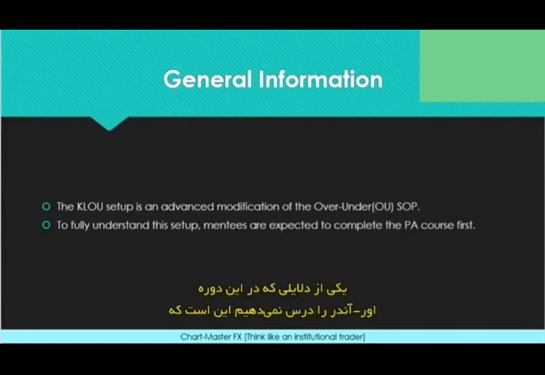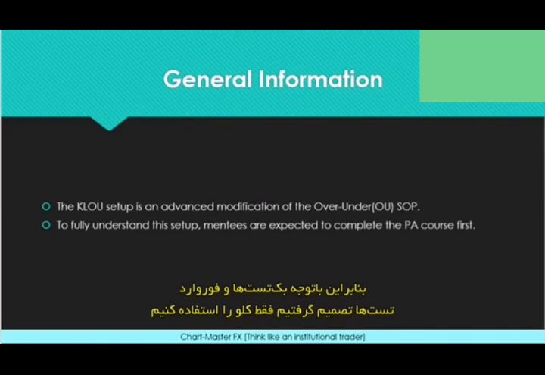One of the reasons why we are not going to be looking at the over-under setup in this course is because we realize that the over-under is not that much of a high probabilistic setup as compared to the claw. So when we did our back testing and our forward testing, we realized that it's better for us to only use the claw in this course.